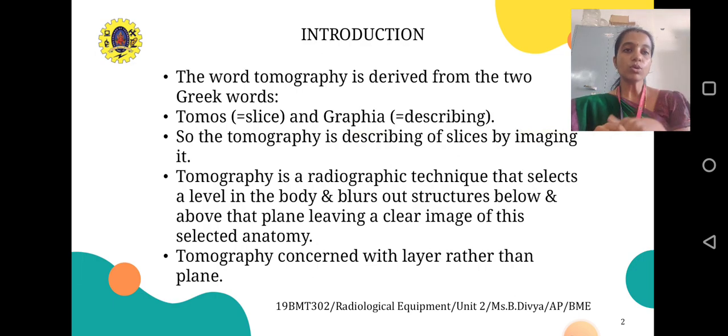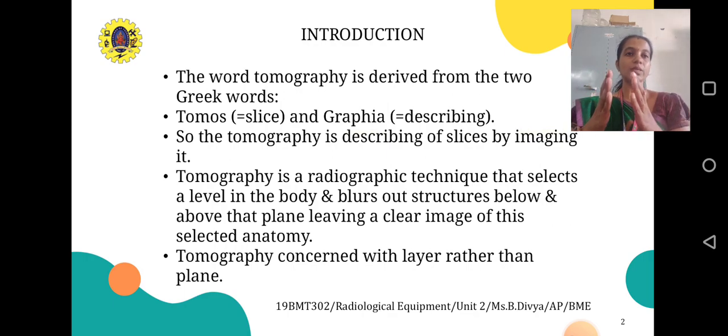Tomography is a radiographic technique that selects a level in the body and blurs out structures below and above that plane, leaving a clear image of its selected anatomy. It selects the part of the body which is to be scanned.